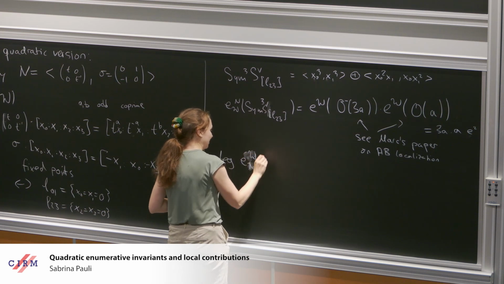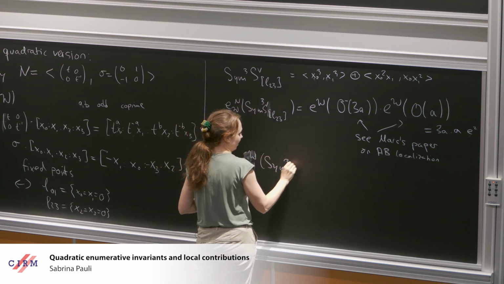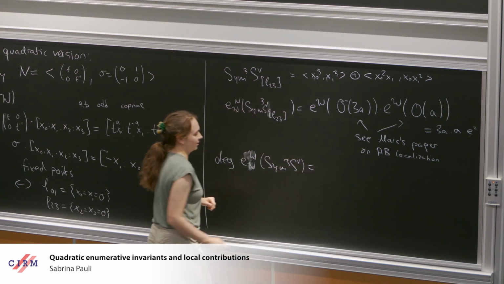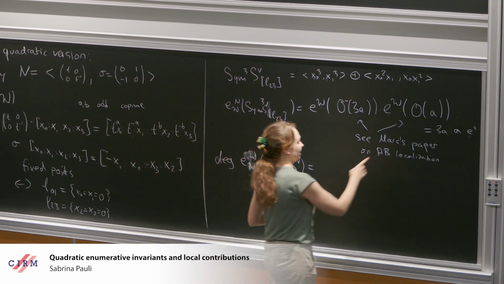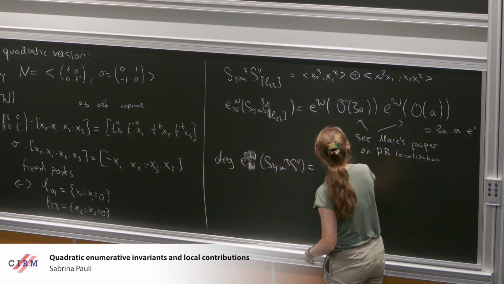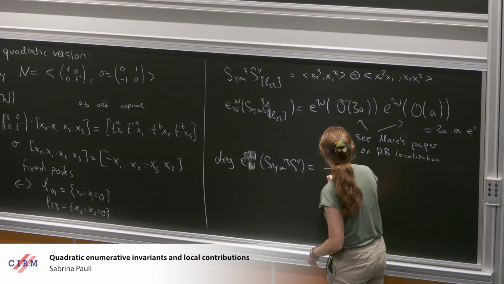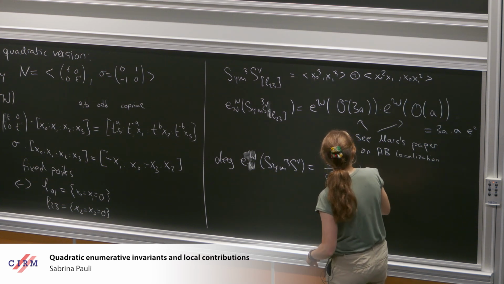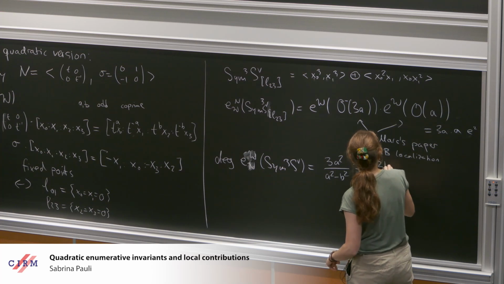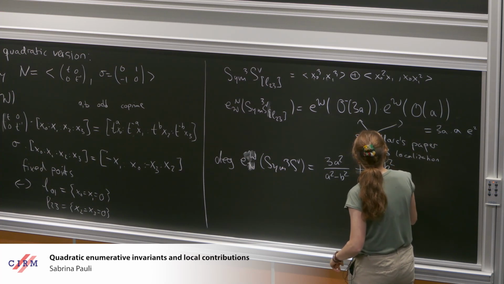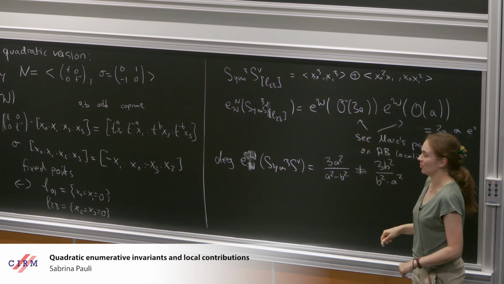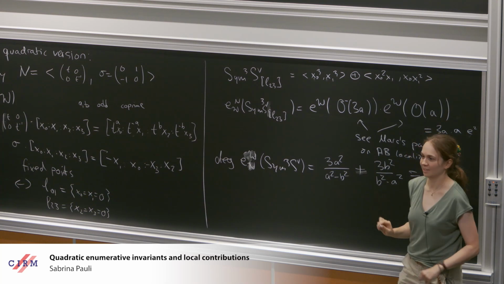And here, W here. Sym^3, I just have 2 summands, and here we get 3a squared times e squared, which will cancel. Then for the tangent space, we will get a squared minus b squared. And the other one will be the symmetric thing. You get 3b squared, b squared minus a squared. And now you don't need a computer to see that this is 3. And you get the 3.